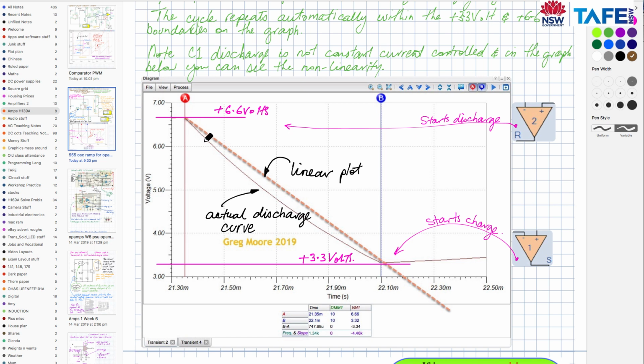Capacitor discharging from 6.6 to 3.3. There you can see the actual discharge curve, and I've sketched in here with graphics a nice linear line there, and you can see the divergence and the convergence at each end, showing that we definitely have an exponential fall as that capacitor discharges.